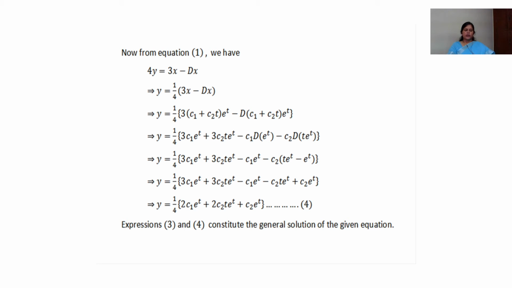So we'll get y is equal to 1 by 4 into [2 c1 e to the power t plus 2 c2 t into e to the power t plus c2 e to the power t]. So after simplification we got the y value like this. The expressions 3 and 4 constitute the general solution of the given equations.